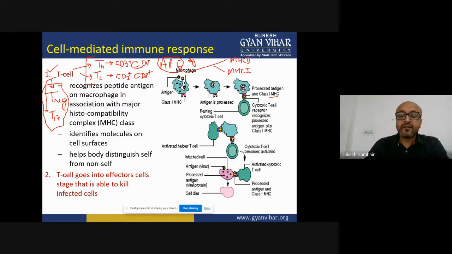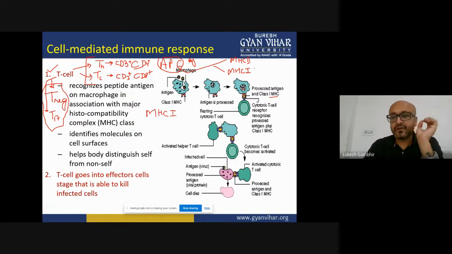Whereas the remaining types of cells that are present inside the body, all the nucleated cells which contain a nucleus, they contain the MHC1 molecule. What is the job of MHC2, MHC1? We already understood it in the previous lectures.